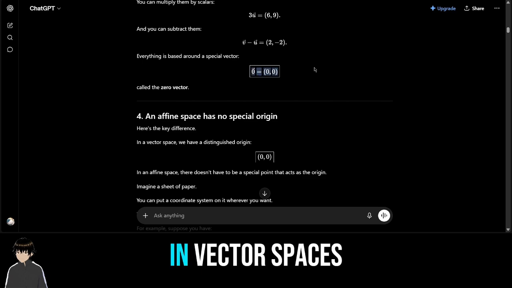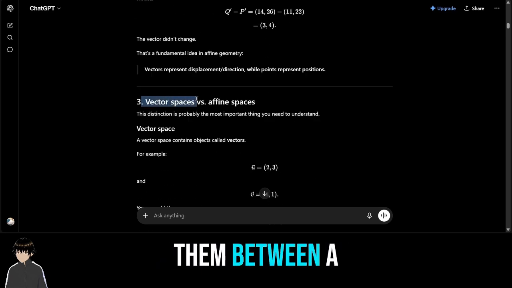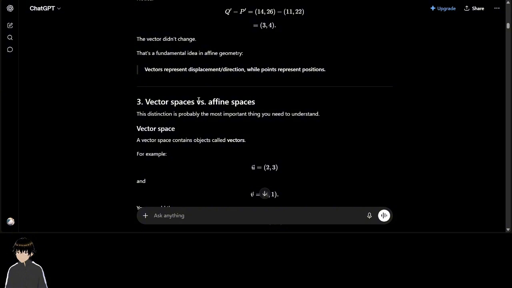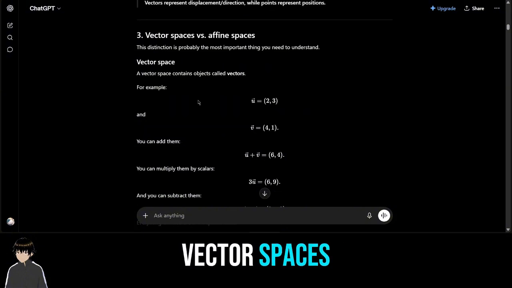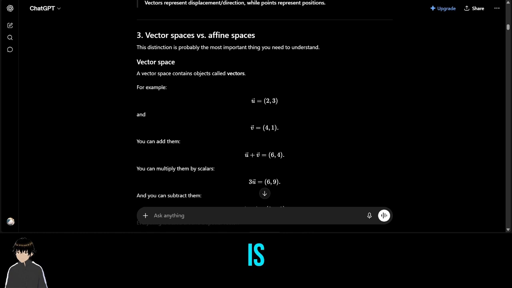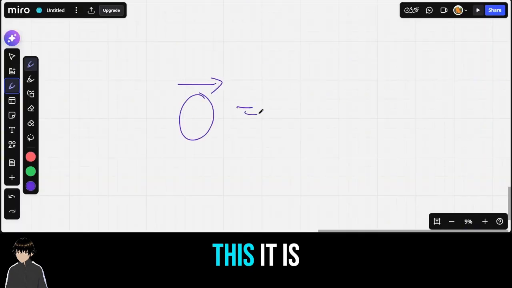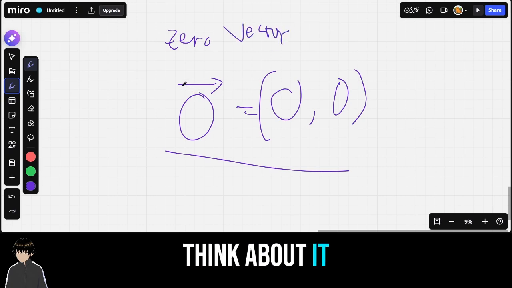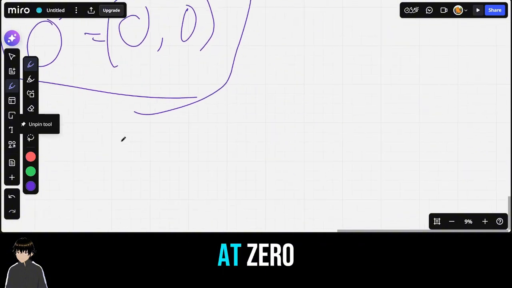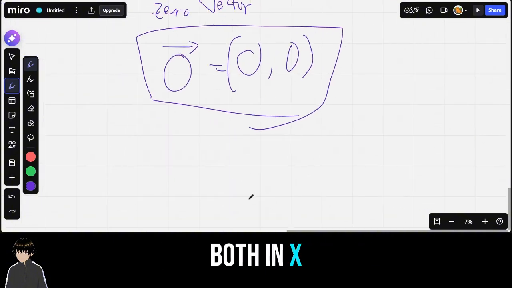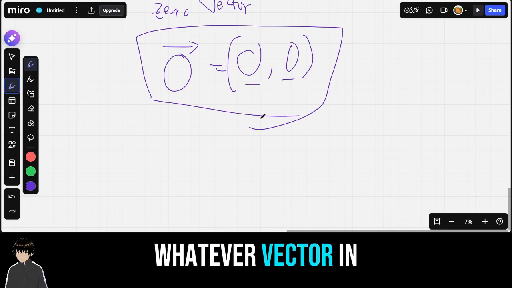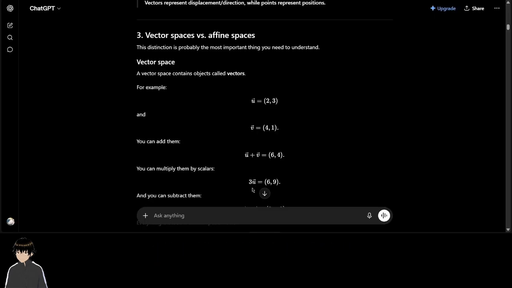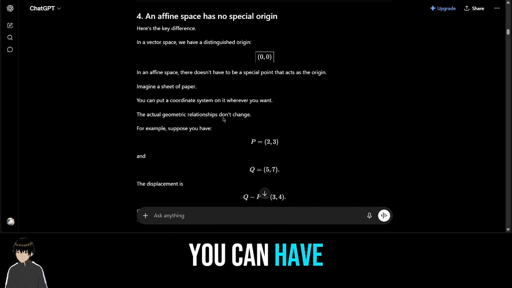So every vector in vector spaces, just to distinguish them from affine spaces, has an origin, and that origin is just the 0 vector. So if you think about it, they always start at 0, both in x and y values, whatever vector in a vector space. But in affine spaces, you can have no such special origin.